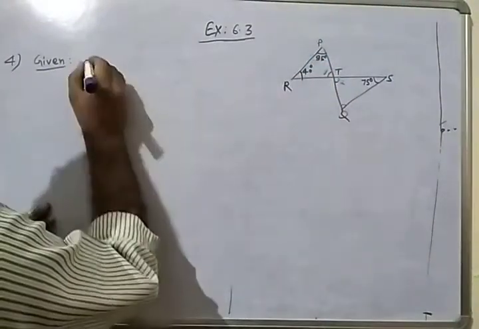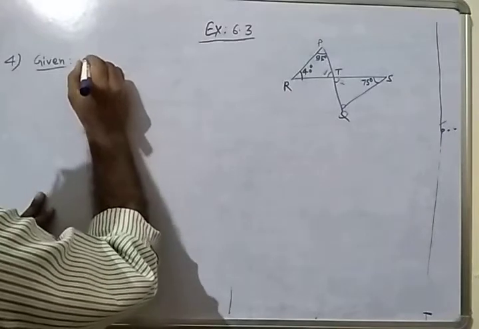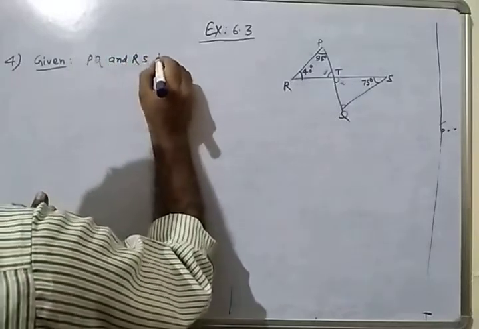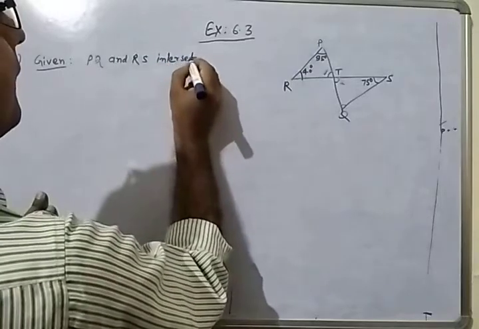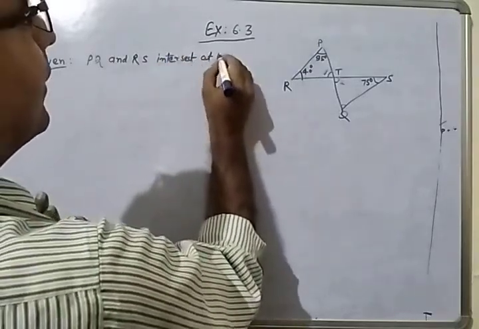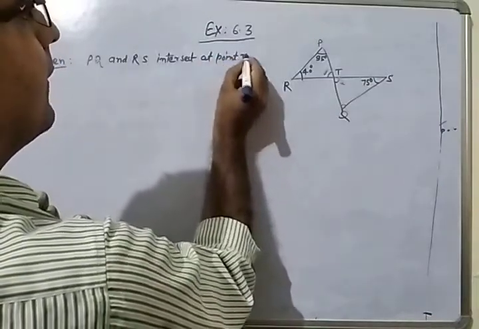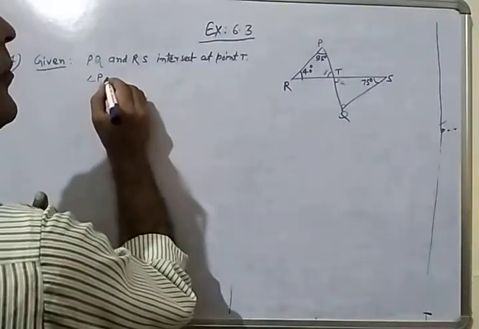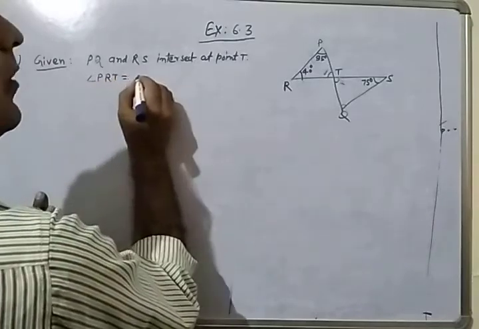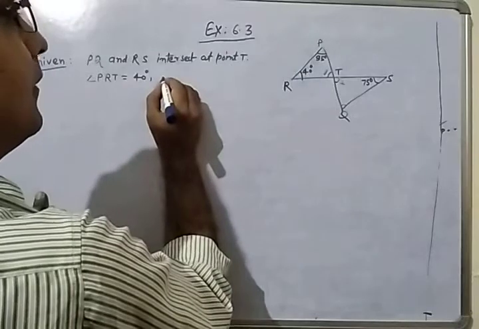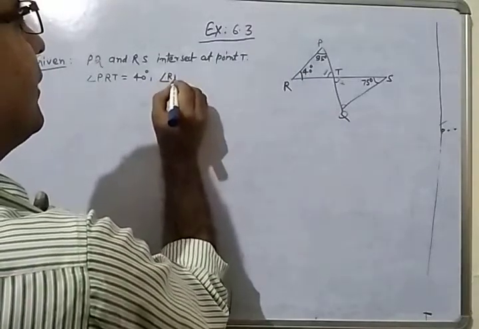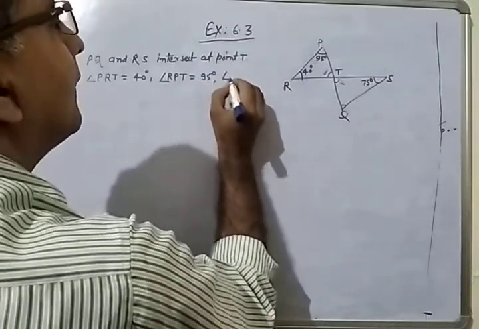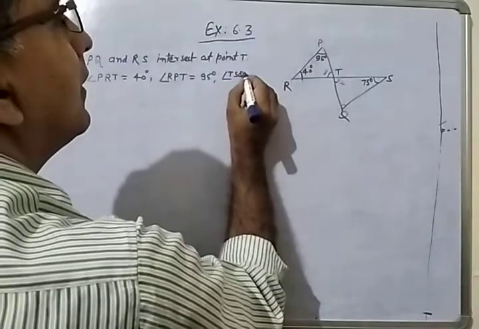See here, in this figure we are given that PQ and RS intersect at point T in such a way that angle PRT equals 40 degrees, angle RPT equals 95 degrees and angle TSQ equals 75 degrees.